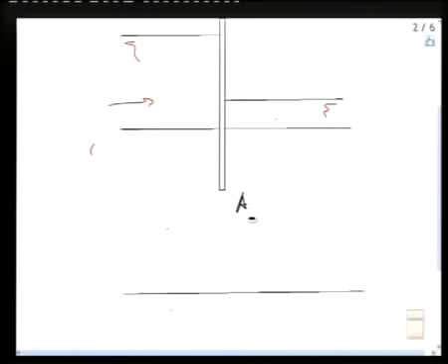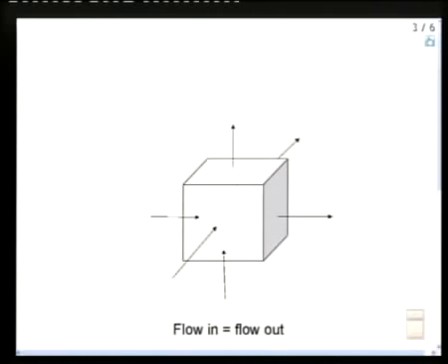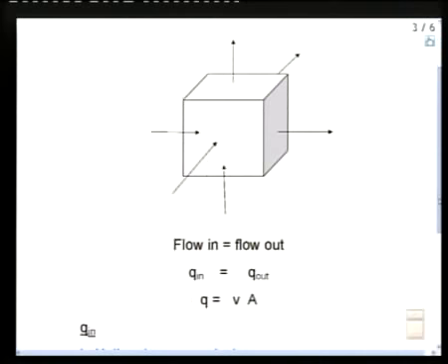To do so, I enlarged that element to be a big cube, as you see. And of course, I gave the directions. This is X, this is Y, and this is Z.